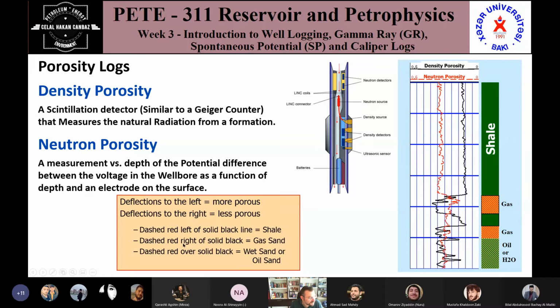Dashed red right of solid black gives you gas sand. Dashed red over solid black is wet sand or oil sand. These are the definitions and an easy way to differentiate the signals. So record this one. This will be very beneficial in your future, when you are in the field.